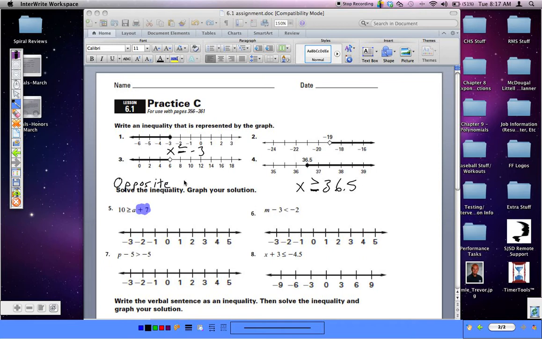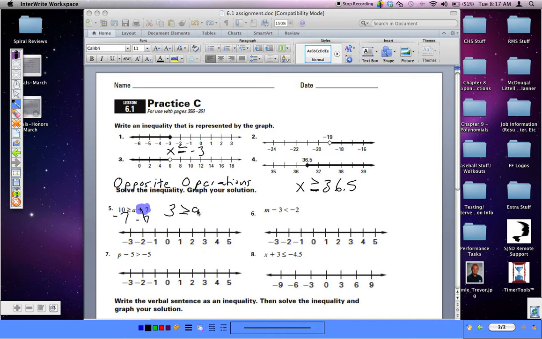And that hint should help you all throughout this worksheet. So when we're adding 7 on this side, to move it to the other side, we'll have to subtract 7. Subtract 7. 10 minus 7 is 3. And that is greater than or equal to A.